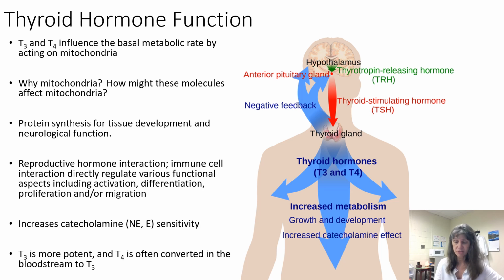Remember that a lot of neurotransmitters are going to be amino-based or polypeptides or protein-based, and so a lot of tissue development, neurological function, reproductive hormone interaction, immune cell interaction, this is directly going to regulate functional aspects in terms of activation, differentiation, cell proliferation for mitosis, migration of molecules through using proteins as tracks for moving things through cells.